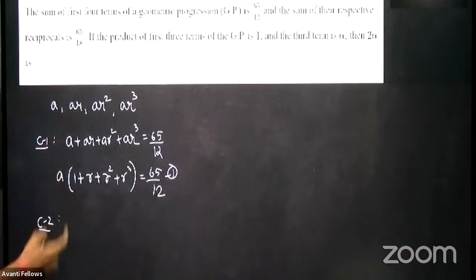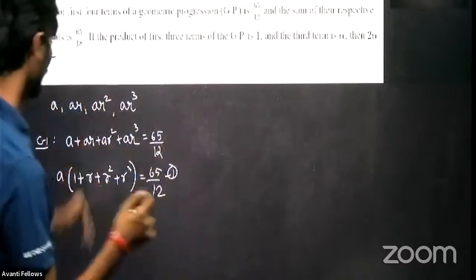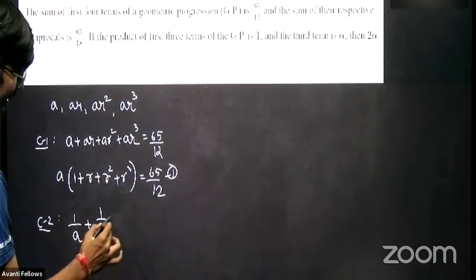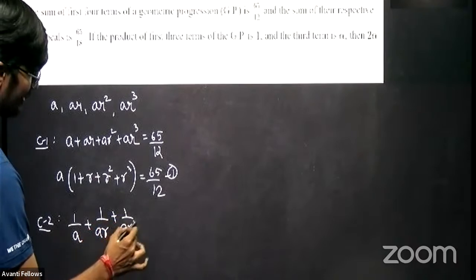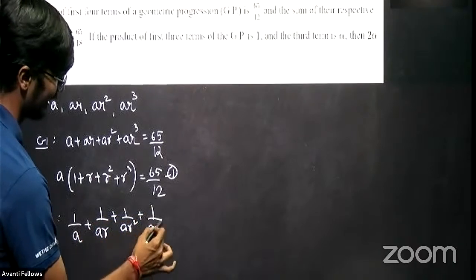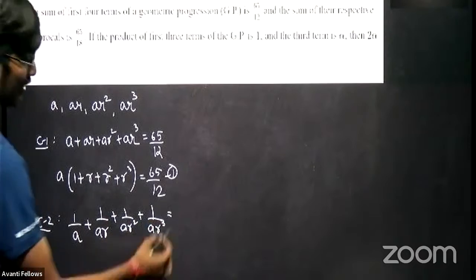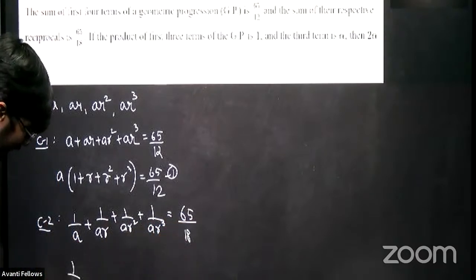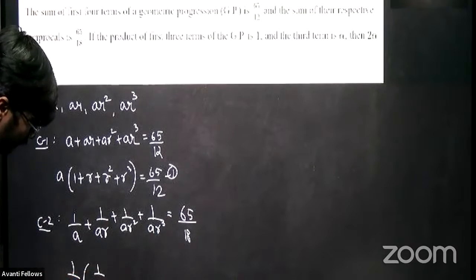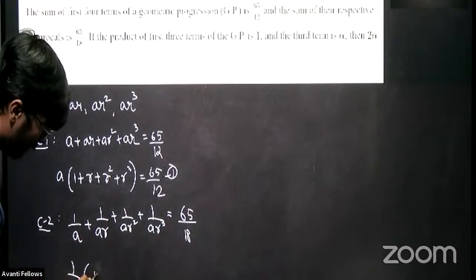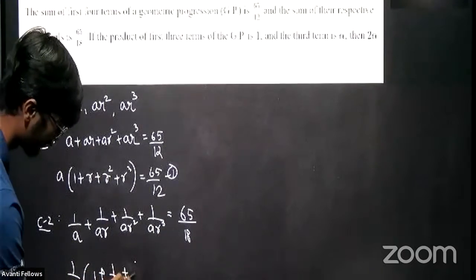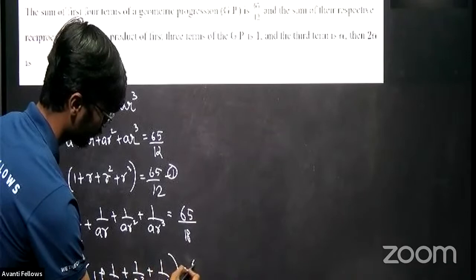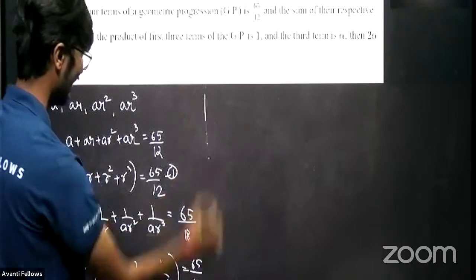What is condition 2? Sum of the reciprocals. We have to invert all and add. So 1/a plus 1/(ar) plus 1/(ar²) plus 1/(ar³) is given as 65/18. So from here I can take 1/a common. What will we get? 1 plus 1/r plus 1/r² plus 1/r³ is equal to 65/18.